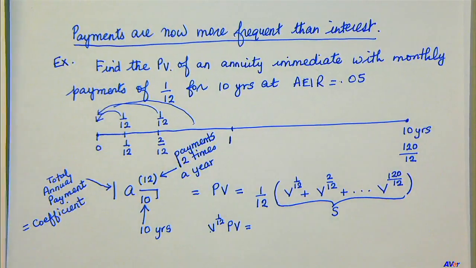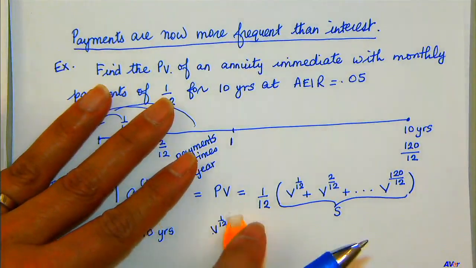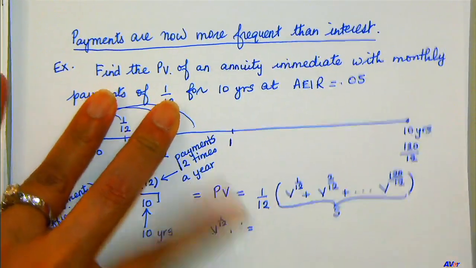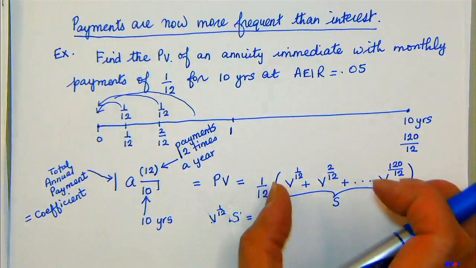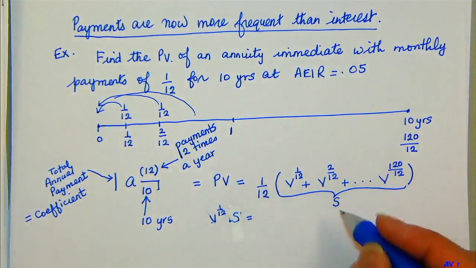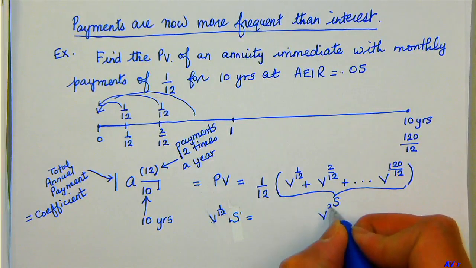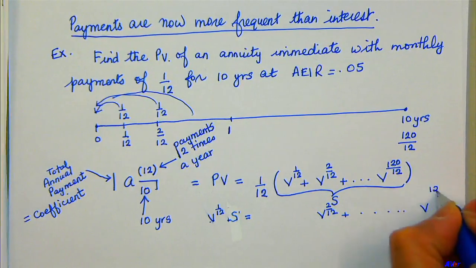I want to leave the 1/12 alone. So I won't say PV here. I will say S. 1 V to the 1/12 times S. Let's only work with this. So V to the 1/12 times S is equal to V to the 2/12 plus dot, dot, dot, V to the 121 over 12.